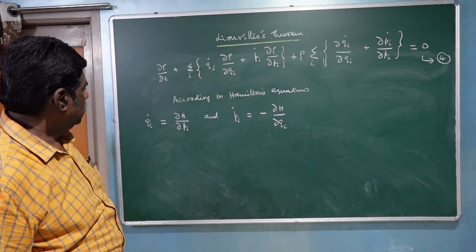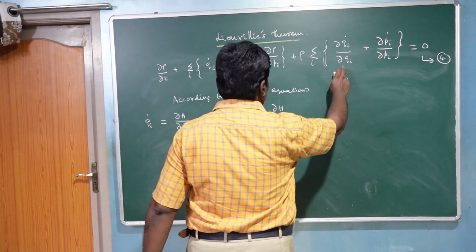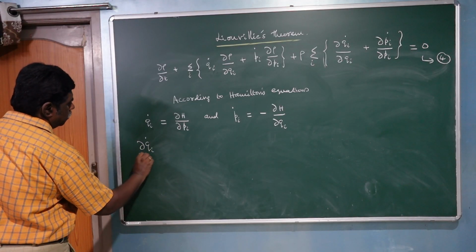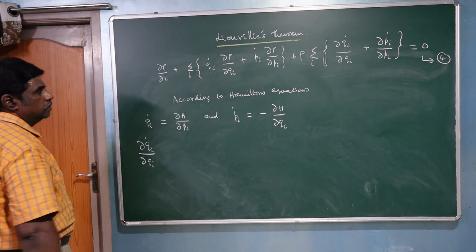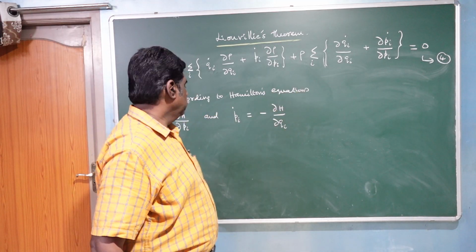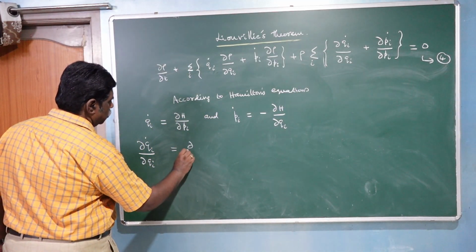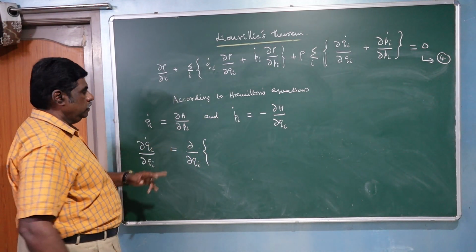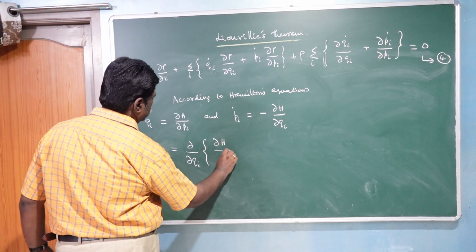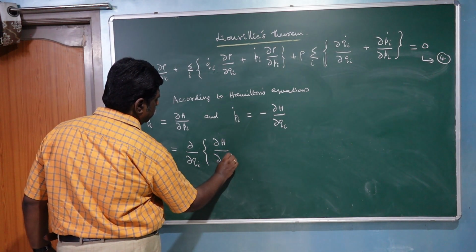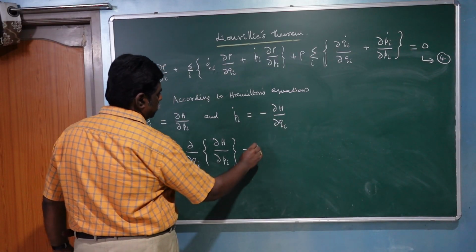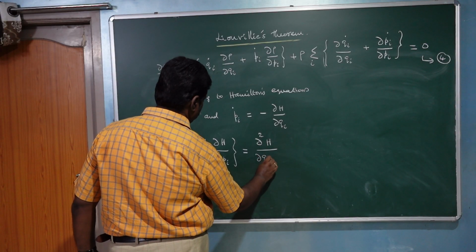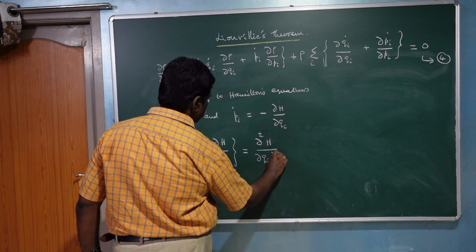Now we have to use this for dou qi dot by dou qi, which is equal to dou by dou qi of the value of qi dot, that is dou H divided by dou pi, which is equal to dou square H divided by dou qi into dou pi.